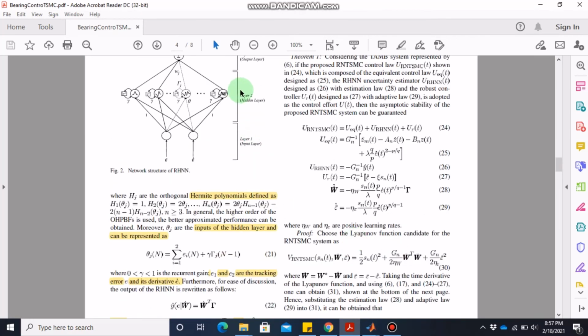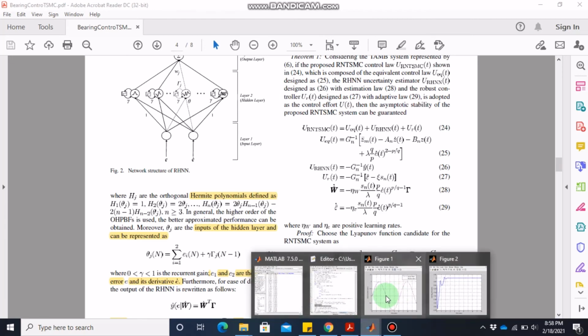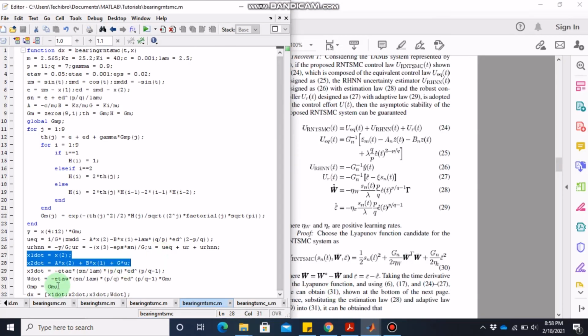So layer 2 of the neural network will give us this w dot. In this paper they have used 9 of these weights, the w's. So we have 9 state variables corresponding to these w's, and 1 extra state variable corresponding to this epsilon. And if you look into this code, I have selected x3 to be epsilon.